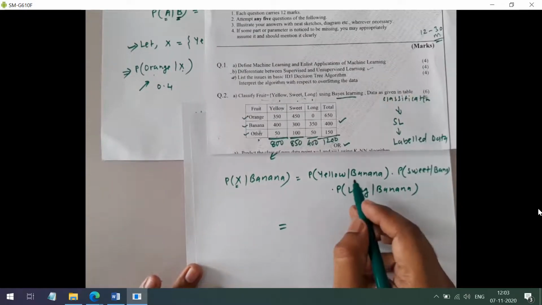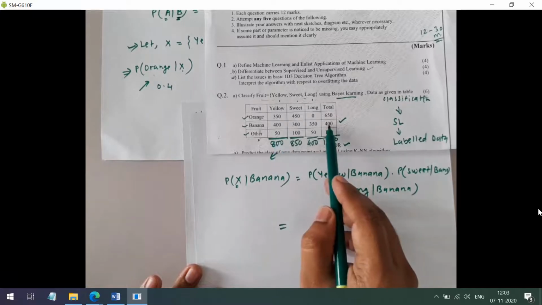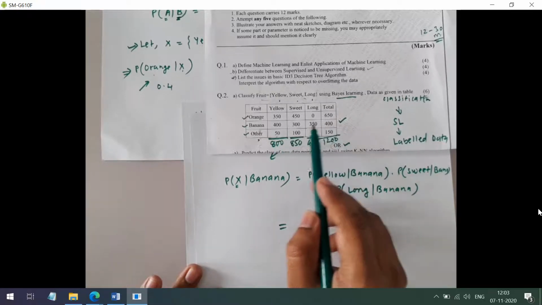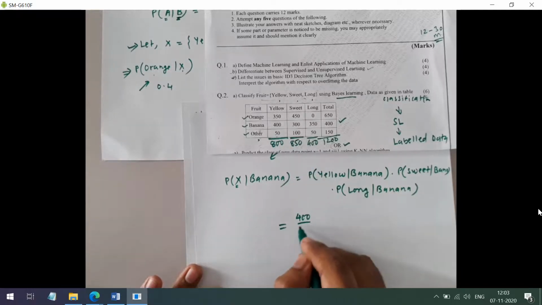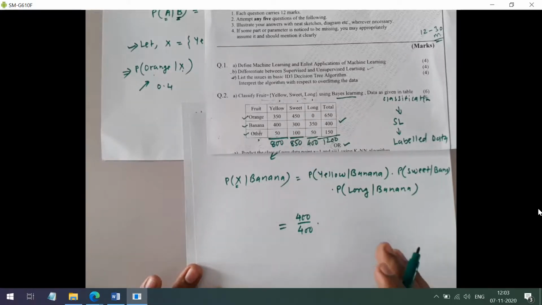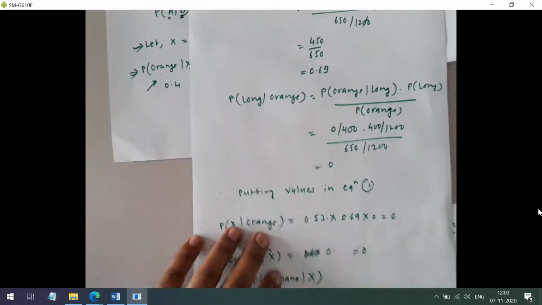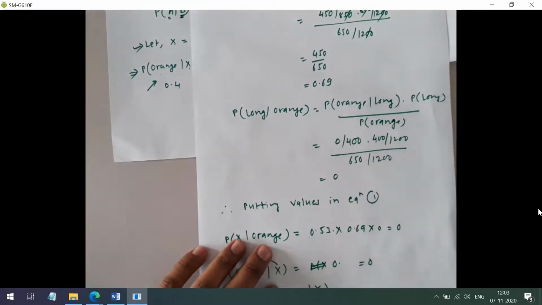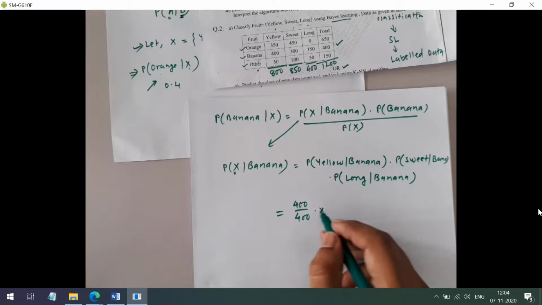How many bananas are there? 400. And out of that, how many are yellow? 400. So it is nothing but 400 by 400 directly. You can use the Bayesian equation also. If you understood this, you can use this one, or you can use this technique. Just try to get the meaning.